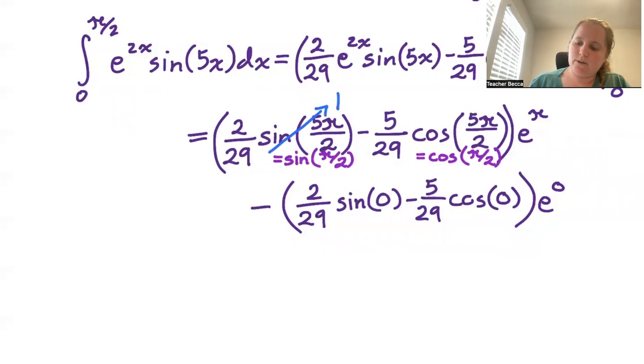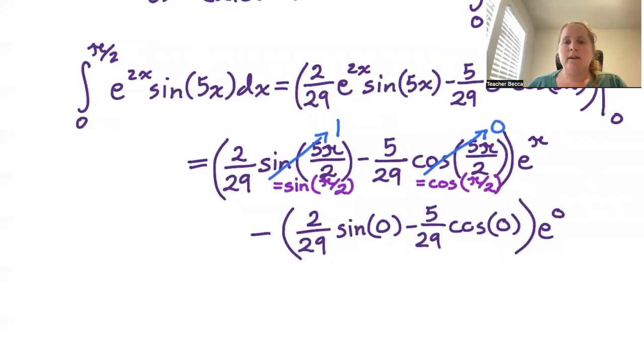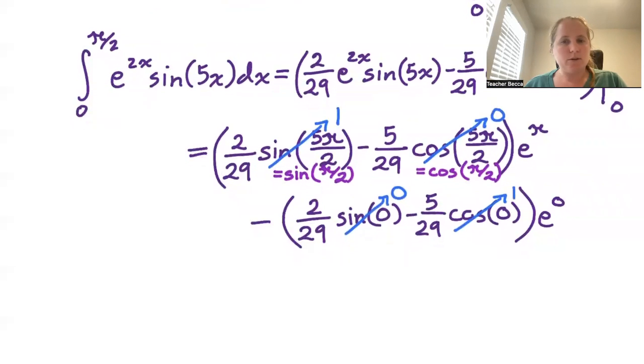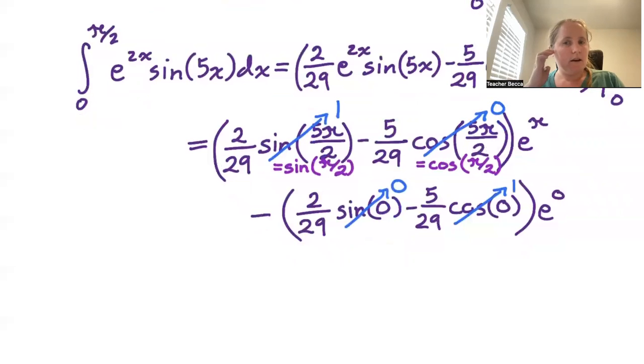Cosine of pi over 2 is, of course, 0. Sine of 0 is 0. Cosine of 0 is 1. I would definitely refamiliarize yourself with evaluating sine and cosine at your basic values on the unit circle.